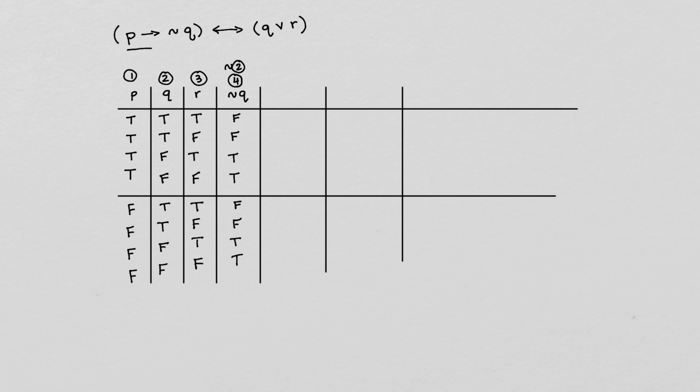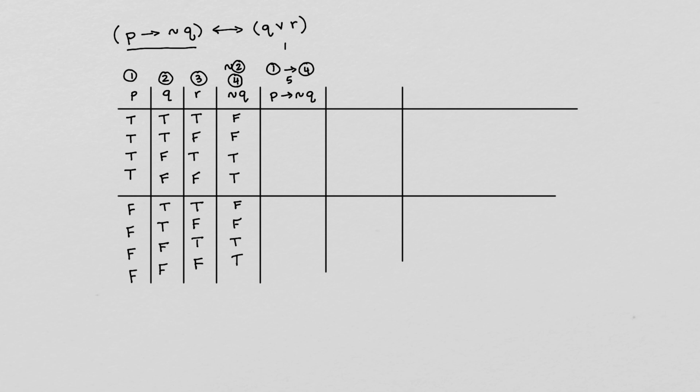Next, I'll look at this whole expression, if P, then not Q. So that starts with column 1. If column 1, then column 4.